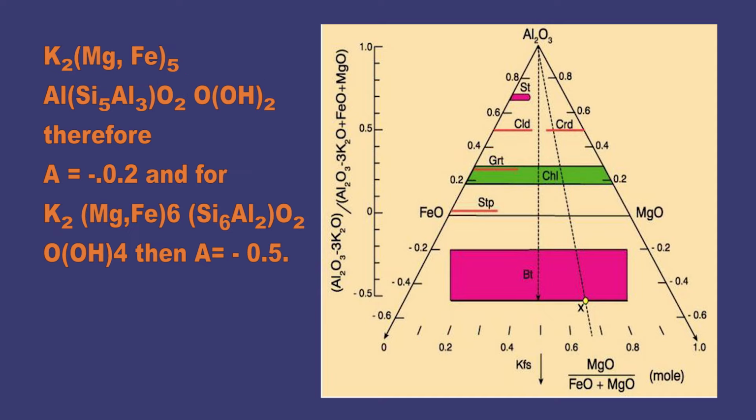For example, for K2O, MgFe5, Al, Si5, Al3, O twice, OH twice, A equal to minus 0.2, and for K2O, MgFe6, Si6, Al2, O6, OH4, A equal to minus 0.5.